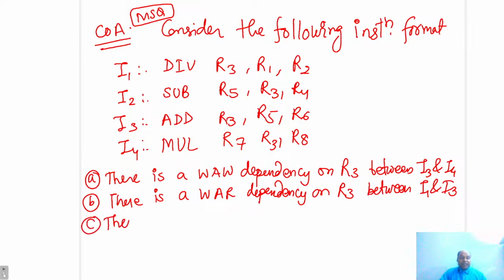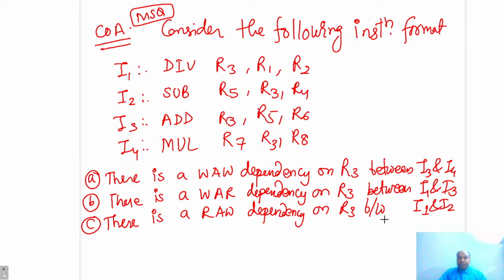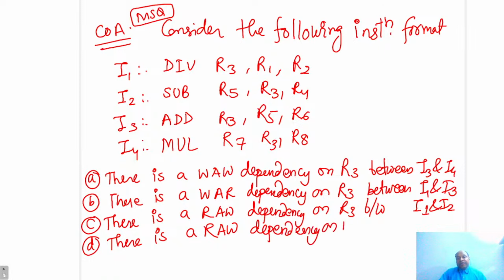Option C, there is a read after write dependency on R3 between I1 and I2. And at last there is a read after write dependency on R3 between I2 and I3.